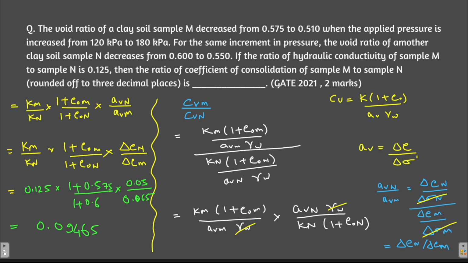So you will be writing 0.095. This is the correct answer. If you write anything else, you will not get marks in spite of doing all the labor. So please be very careful what the question is demanding, for how many decimal places the question is asking the answer. Okay, so with this we have completed our third question.